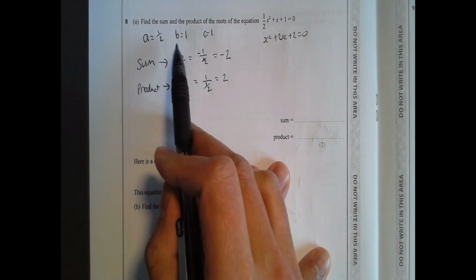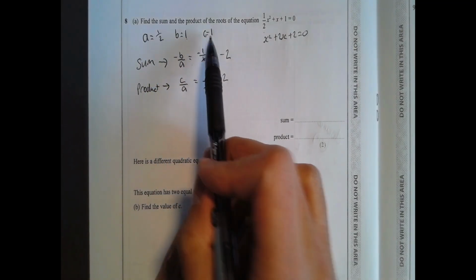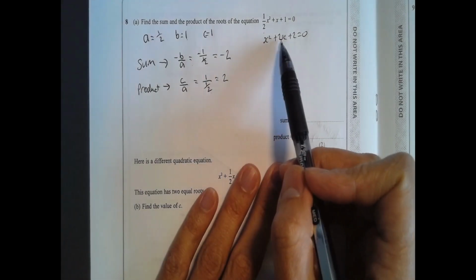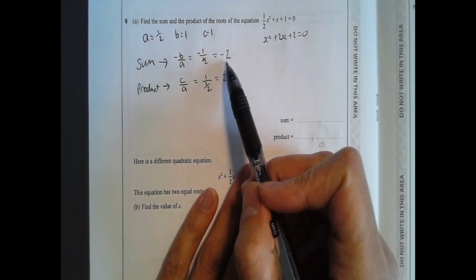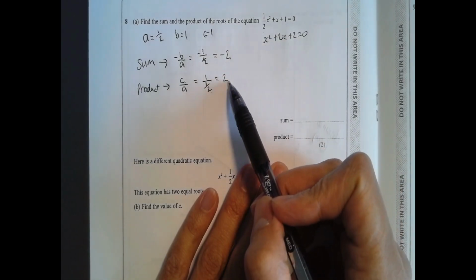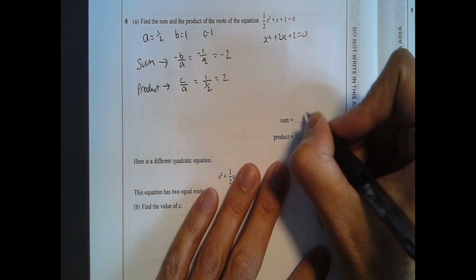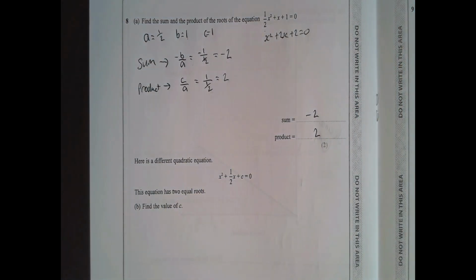Then my values of a, b and c would be 1, 2 and 2, which makes the calculations easier because negative b over a would be negative 2 divided by 1, which is negative 2, and c over a would be 2 divided by 1, which gives us 2. But either way, my answer is negative 2 and 2.